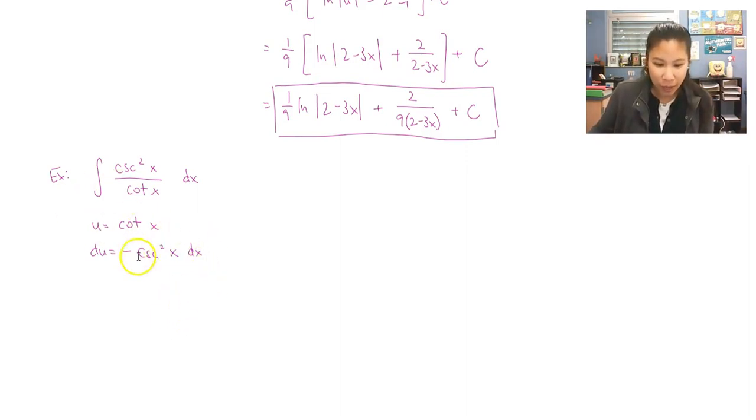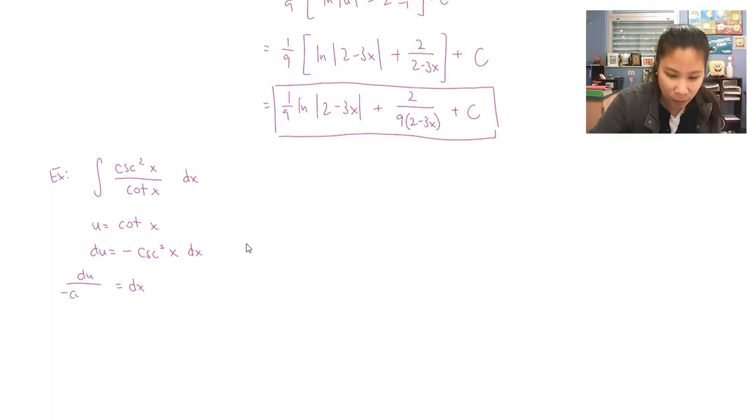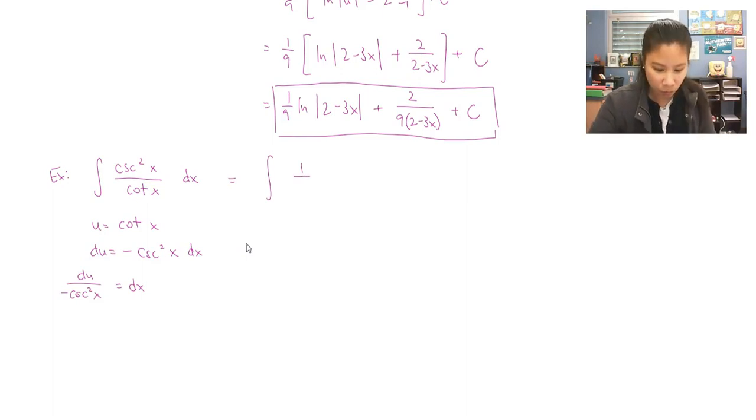And once I know that the derivative is negative cosecant squared, that's already on top. We just have the negative in front that's different, but that's just a constant. We can deal with that easily. So our dx here is going to be du over negative cosecant squared x, so that when we rewrite our original problem, this will cancel out. So we have cosecant squared x over u times du over negative cosecant squared x.